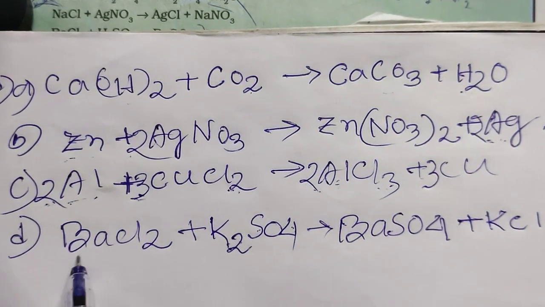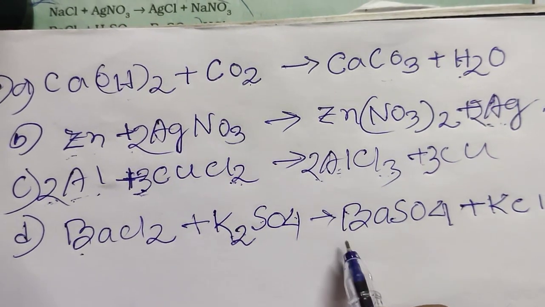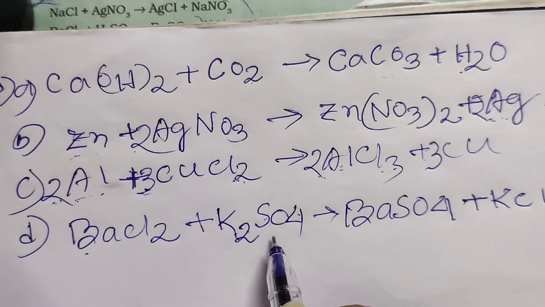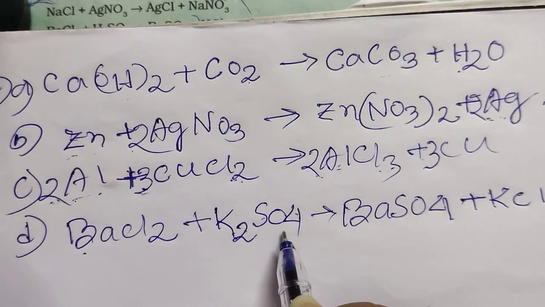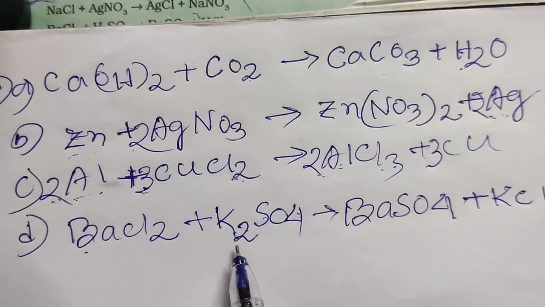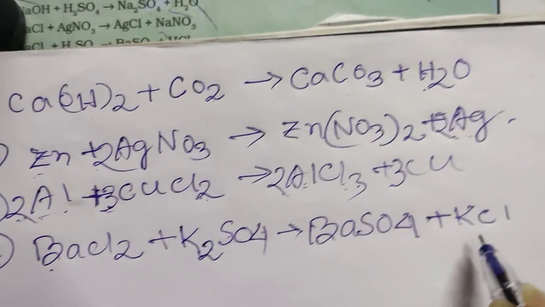See, the number of barium in the reactant side is 1, the product is also 1, and the number of sulfate SO4 polyatomic ion is also 1, here is also 1. But the number of potassium on the left side, that is the reactant side, is 2, whereas on the product side it is 1.